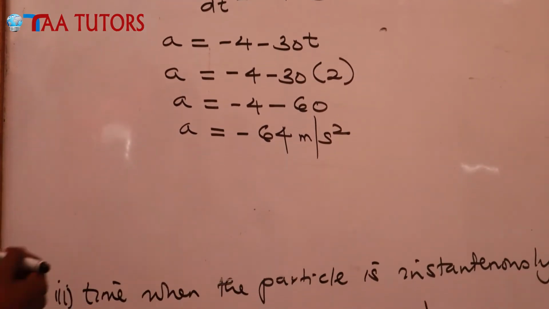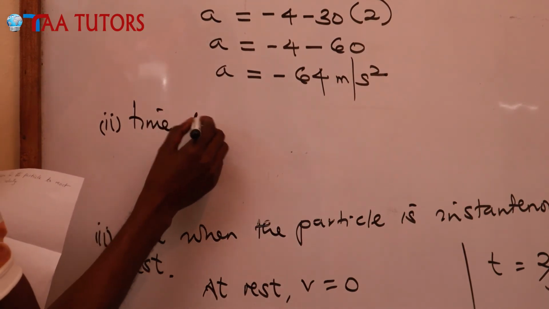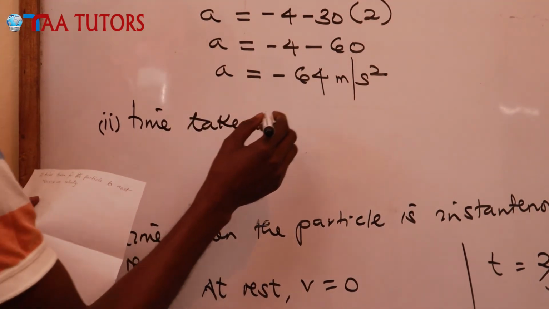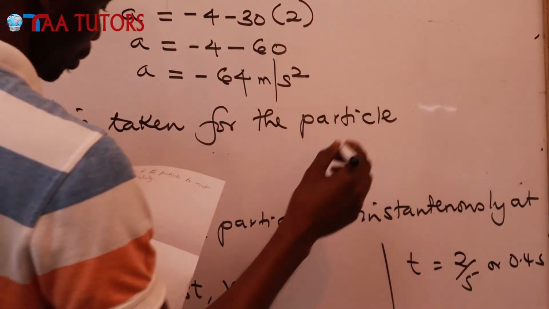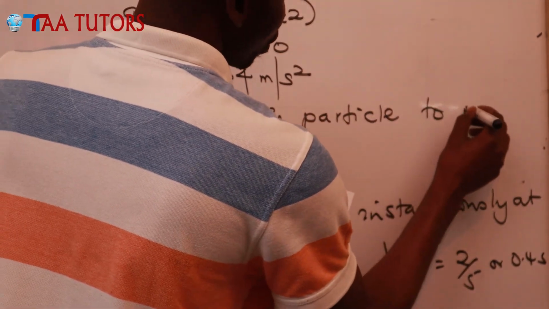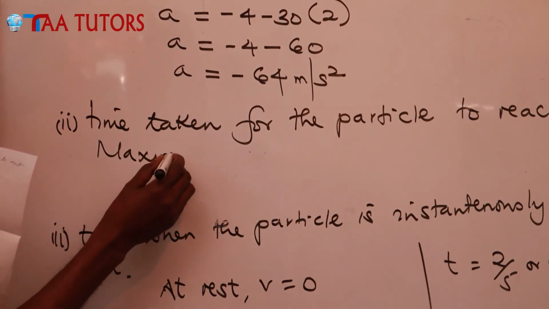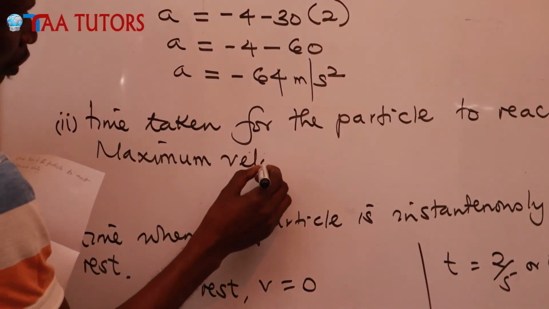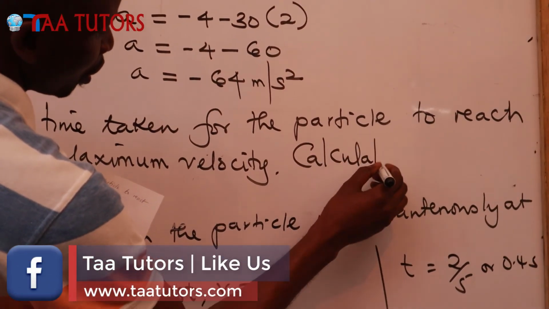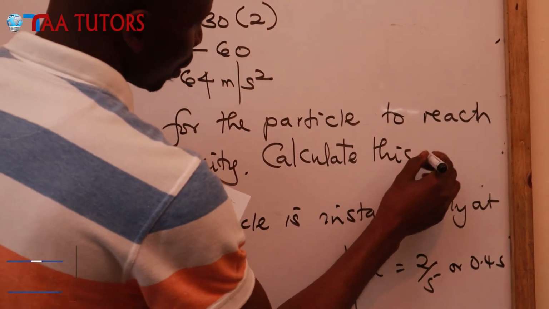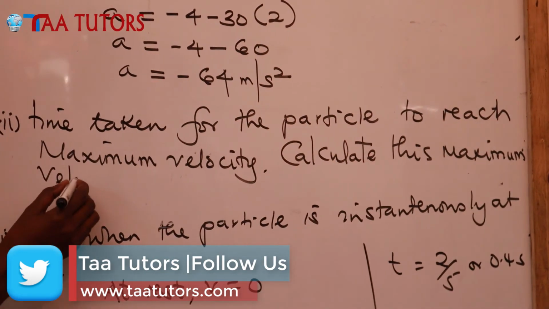And then Roman 2 of this question is: time taken for the particle to reach maximum velocity, and then calculate this maximum velocity.